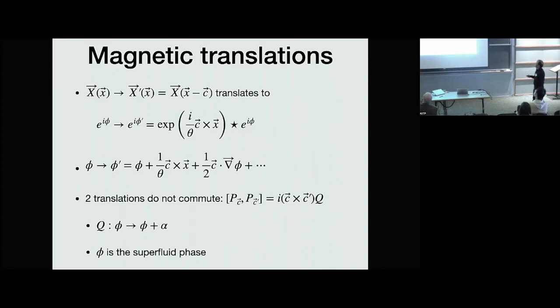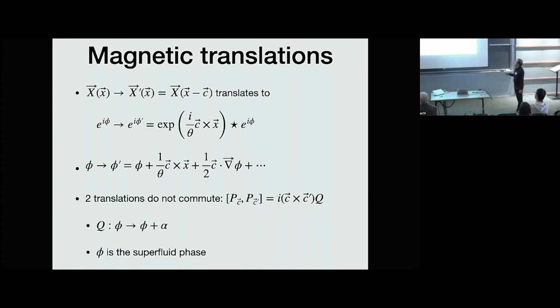This phi here is the Tkachenko mode: e to the i phi is the Weyl symbol of this unitary transformation from small x to capital X, and the magnetic translation is multiplication by star product on the left of the exponent of a linear function of x. If we expand this to leading order, phi prime is simply equal to c cross x plus phi. So it's just the usual dipole transformation that we had before.